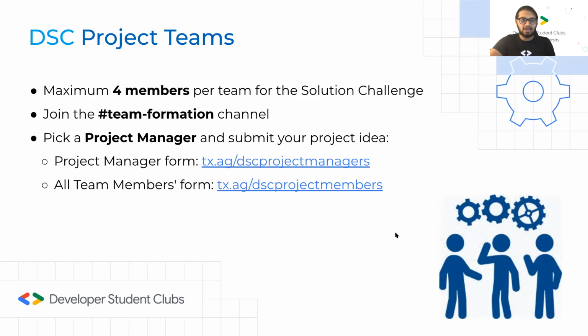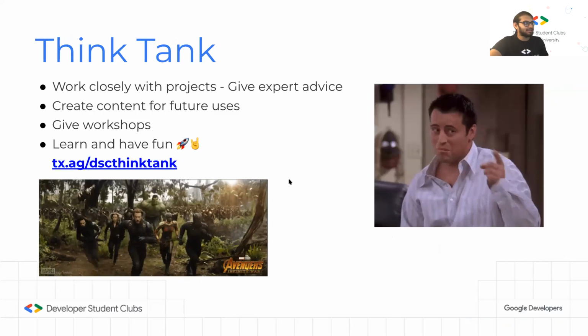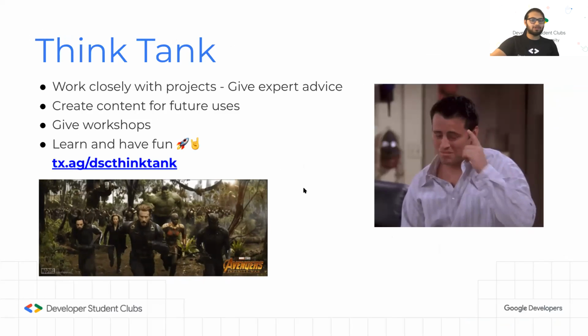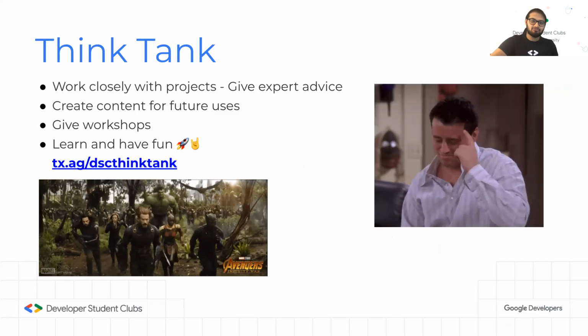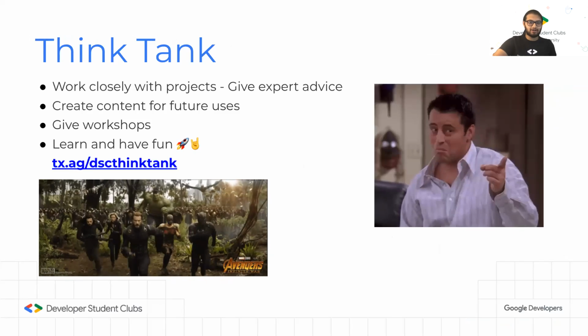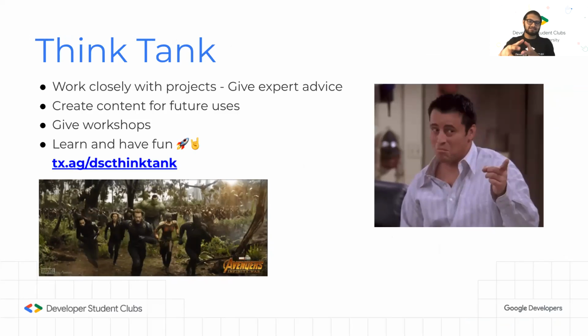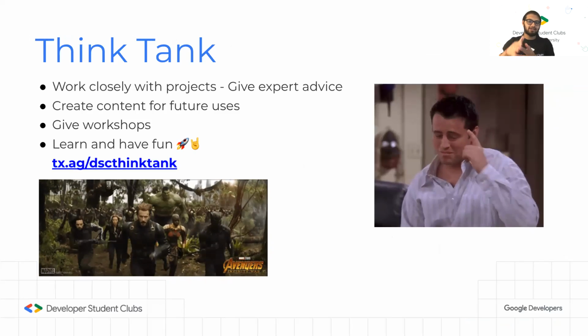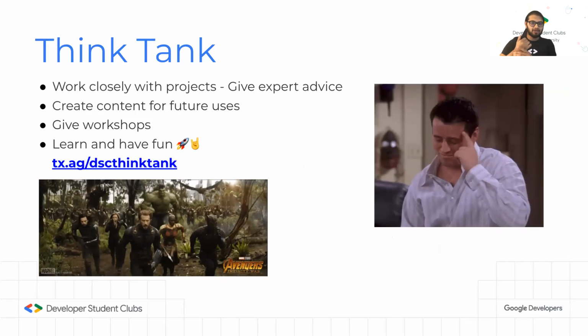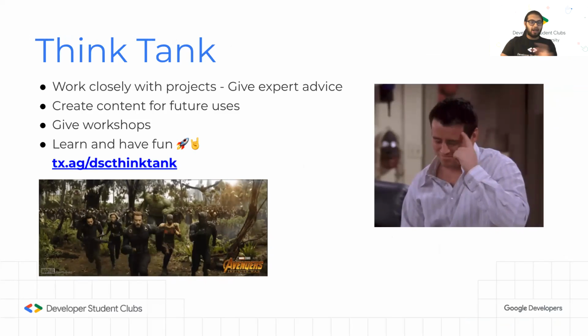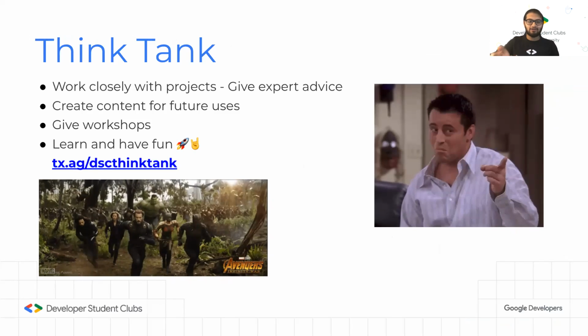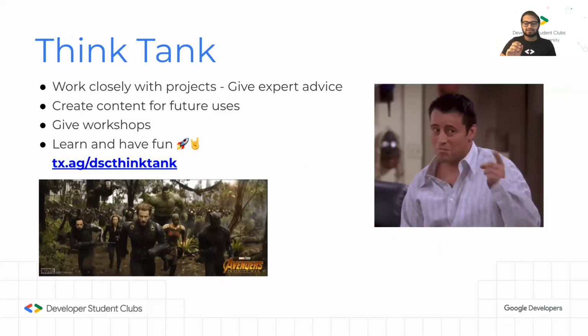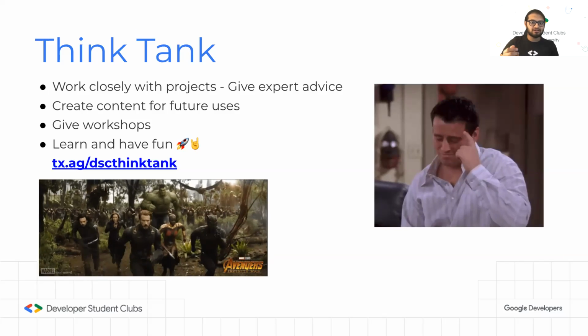Yeah, so as I said, the next slide is the think tank. Basically, the think tank is literally the Avengers of our club, where this team of really cool people goes and solves problems. For being in the think tank, I would suggest you have at least 6 months to a year of experience in that field.